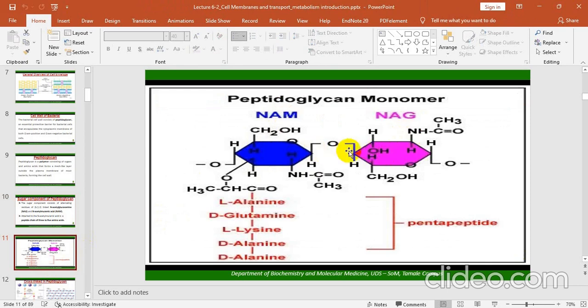These are the alternating chains found in the peptidoglycan layer. So you can see, this is just a monomer of the peptidoglycan layer. And the N-acetylmuramic acid has a pentapeptide, or 5 amino acids attached to it. We have the L-alanine, D-glutamine, L-lysine, D-alanine, D-alanine.